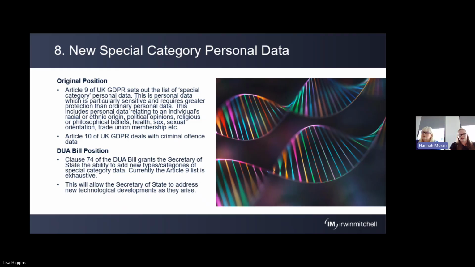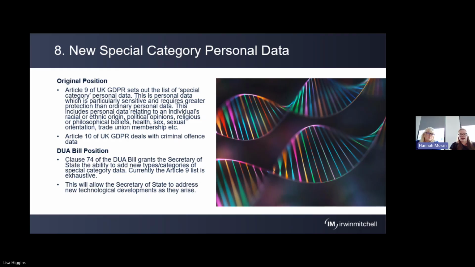So under the bill, the Secretary of State has the ability to add new types or categories of special category data. Currently, the Article 9 list is exhaustive, so you can't add anything else to it. It is important to note that whilst the Secretary of State can add categories and remove the categories that they've added, they don't have the power to remove the categories of special category personal data that are set out in Article 9 that we all know at this moment in time.